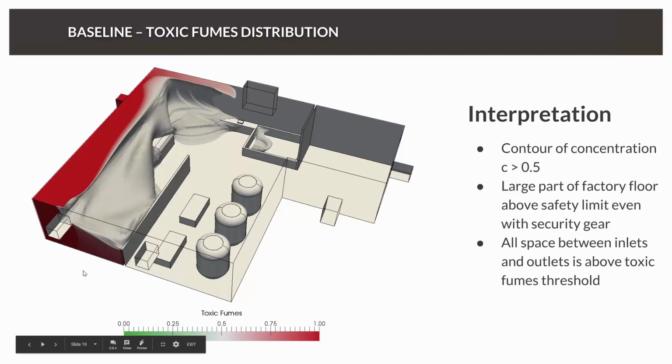This is visualizing the closed domain where the concentration is higher than 0.5. And you can basically see that it's a really big space. Basically all the space between the inlet and the outlet on the left side is inside this high concentration contour. And so as you can see, this concept will not really work.